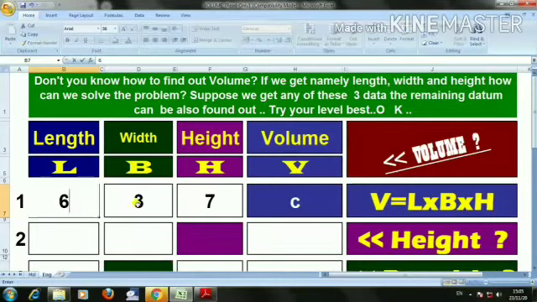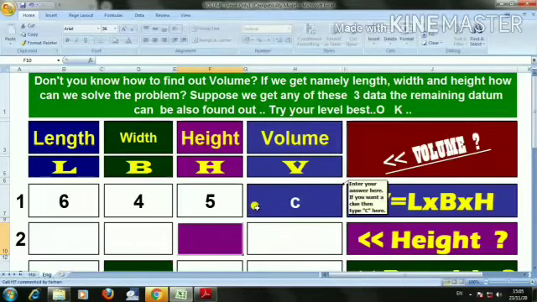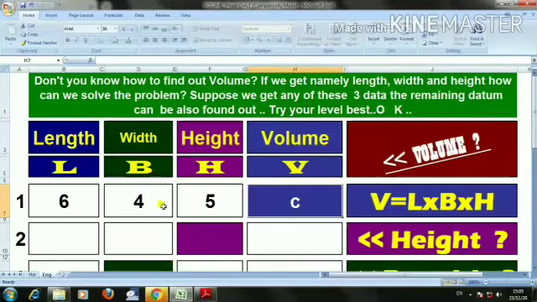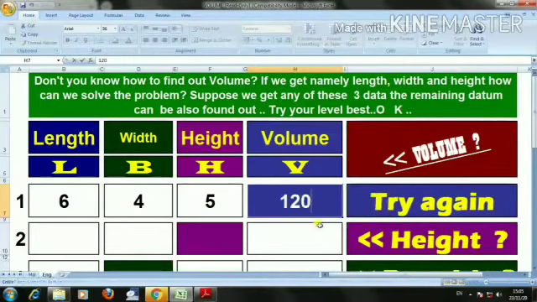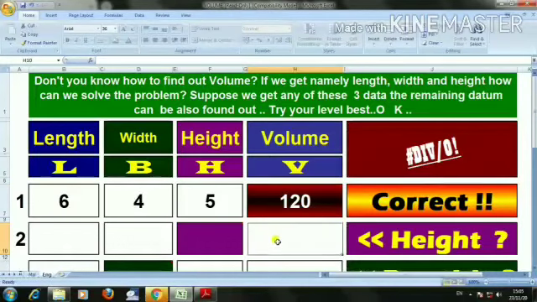So 6, 4, 5 has been respectively added here. Now we have to enter here the volume. 6 into 4, 24 into 5 is equal to 120, and here 120. Okay, correct.